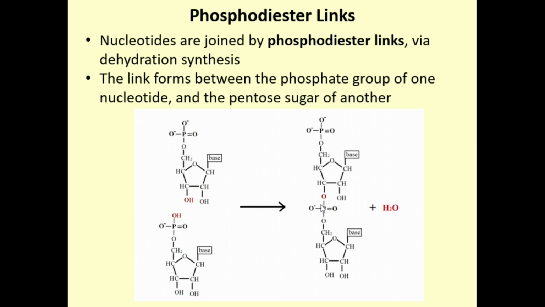When we were looking at carbohydrates, the links that were formed by dehydration synthesis were called glycosidic links. In the last session, when we were looking at our triglycerides and we were joining our fatty acids to our glycerol molecules, we made ester links. In this session, when we join two nucleotides together, we make phosphodiester links. Okay, so you do need to remember those three.